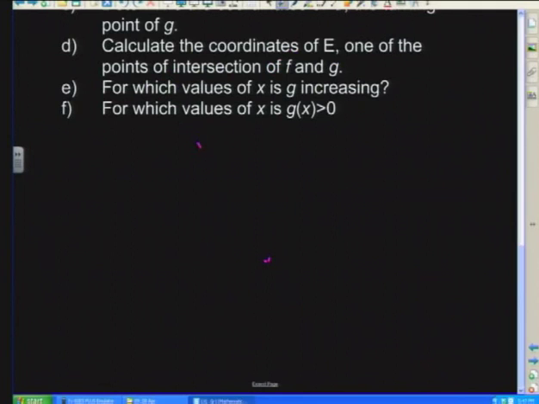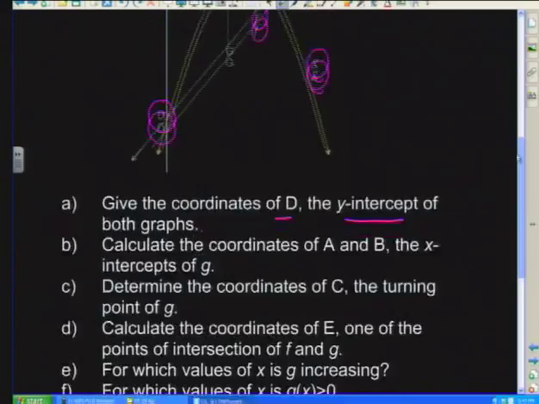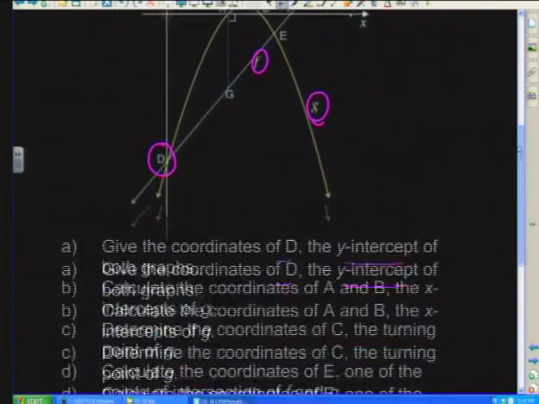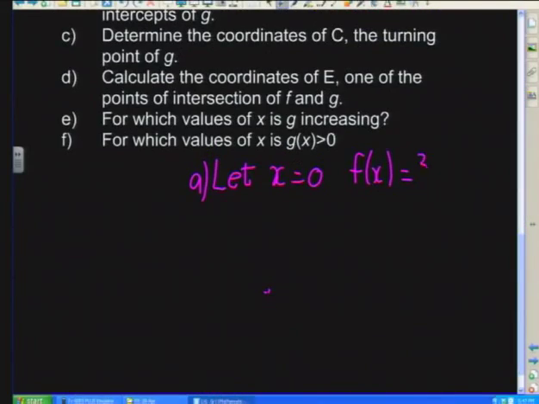To find the y-intercept, we say let x equal to 0. So I'm going to take the simpler one. All right, we've got f of x is equal to 3x minus 24. I'm going to use that one. You can see that they both have the same y-intercept, so we could use either one.